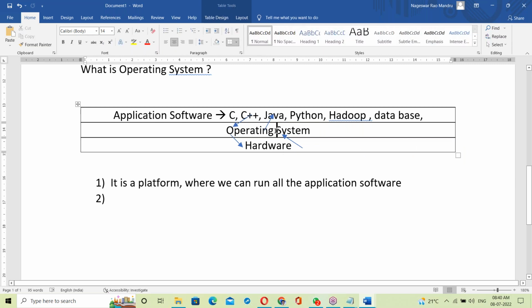Exactly, you can see it is an interface. The OS is an interface between application software and hardware components.